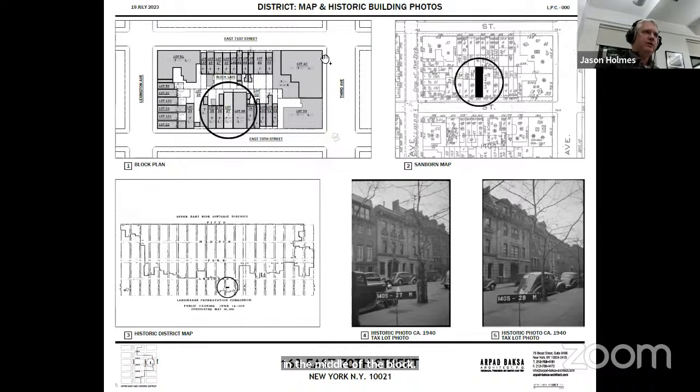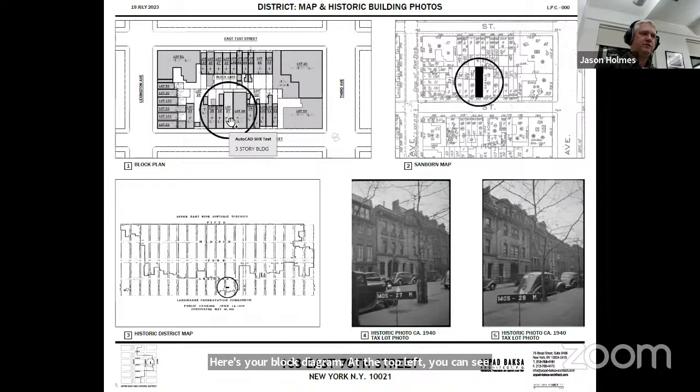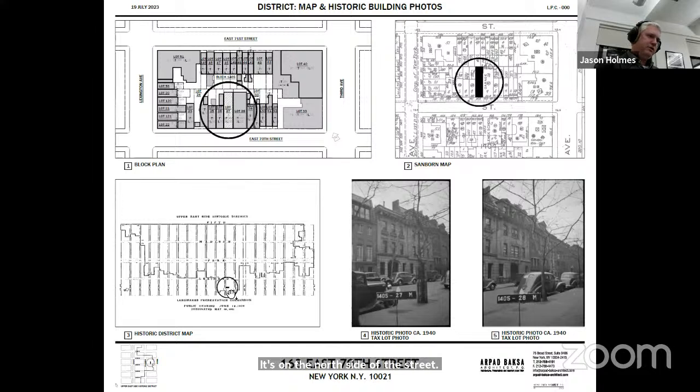Here in this slide, here's your block diagram at the top left. You can see inside the circle, lot 27 is our lot. It's on the north side of the street. Right directly below that, the map of the Upper East Side Historic District, you can see it in the circle, the little black rectangle there.